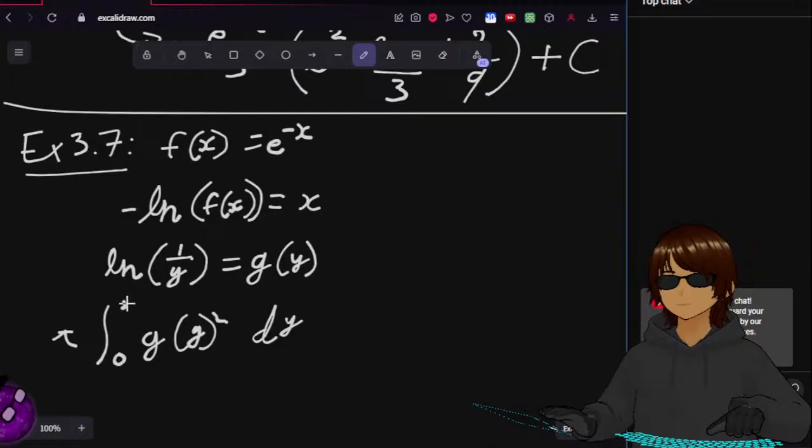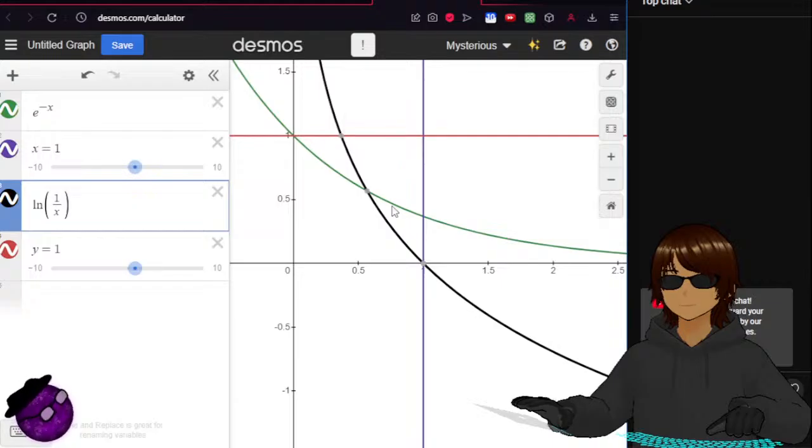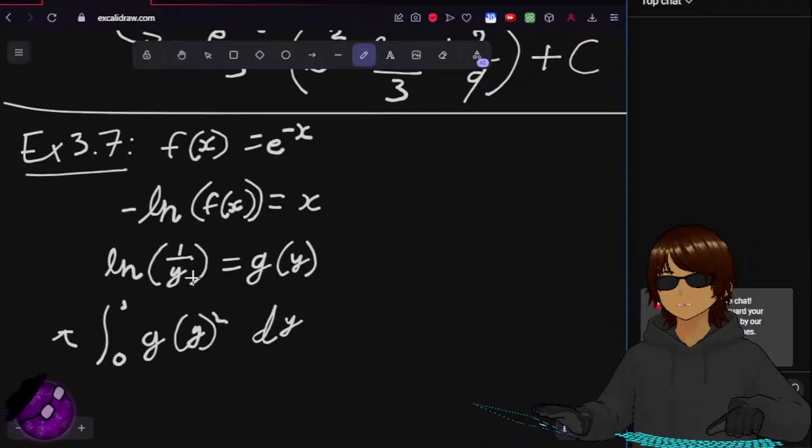Shouldn't it be from 1 to 0? Wait, hold on. X is 0, y is 1, x is 1, y is. I'm not sure if I'm doing this right. Shouldn't this be 1 over e?